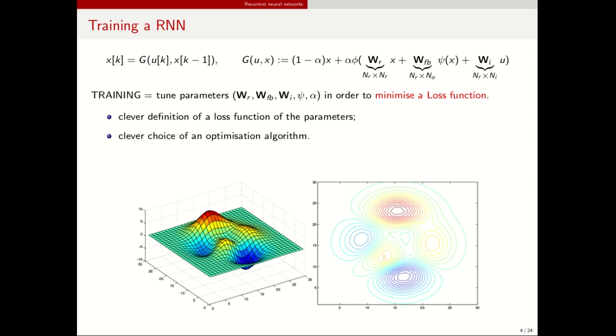So this is achieved by means of a definition of a loss function, which will be a function of all the parameters of the model, and then it's just a matter of a choice of an optimization algorithm in order to find a low enough minimum point of this loss function. And that's it.